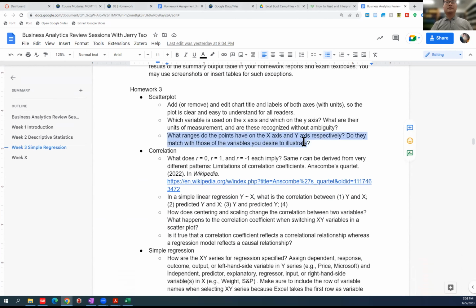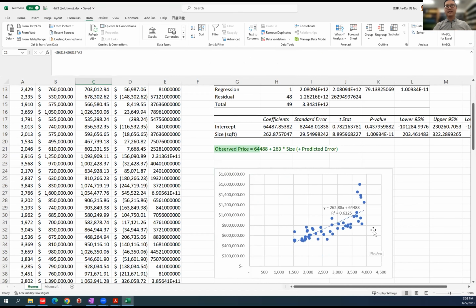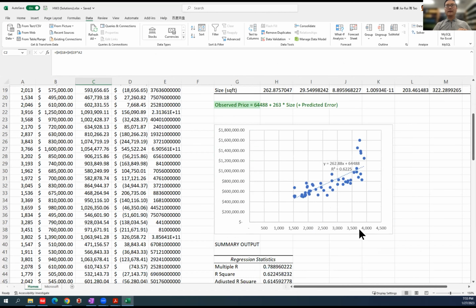So I encourage you to check each of the notes I made. Some of them would help you to determine whether you had a good answer for the homework questions. For plotting a scatter plot, for example, it's very good if we check whether it's plotted correctly. We could do so by checking the range of the x variable and the y variable.